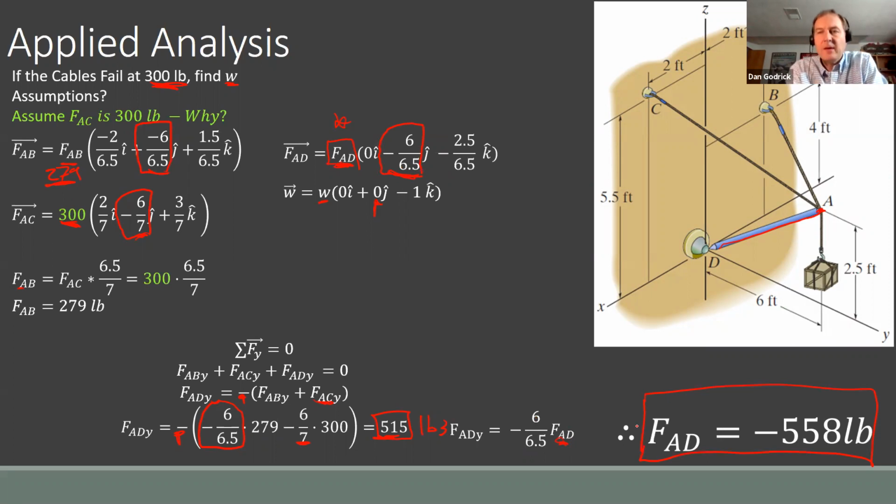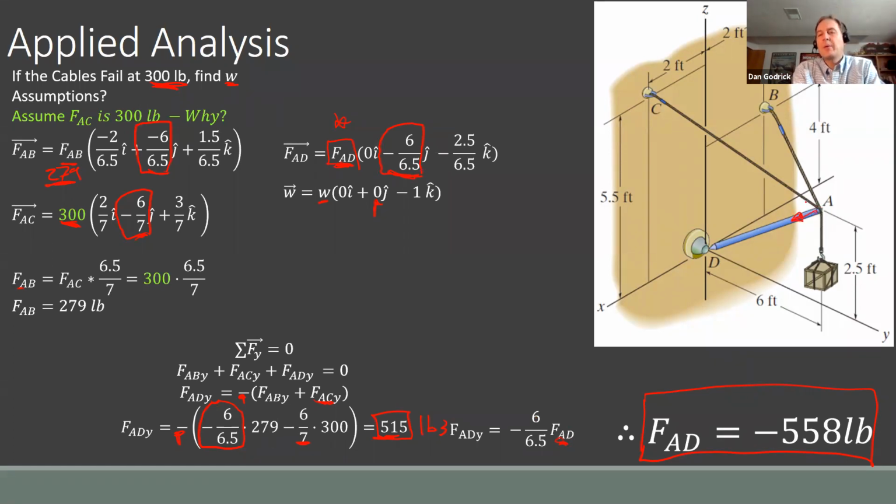What does that mean? That means that when we assumed tension, and we always want to assume tension if we don't know and we didn't know, so we said FAD in the Y is a force going from A to D. We get negative, so what that says is our assumption was wrong and it actually looks like that. We have a compressive force. And intuitively, that kind of makes sense.